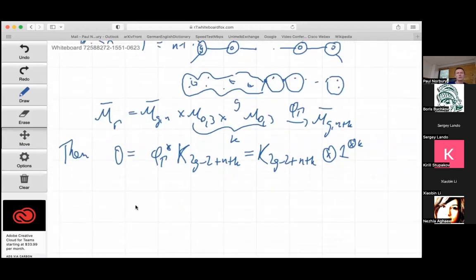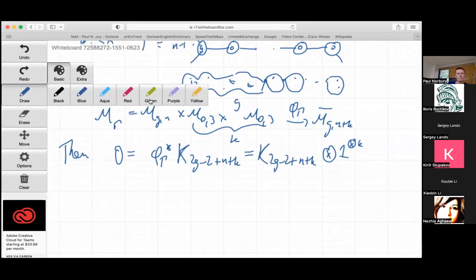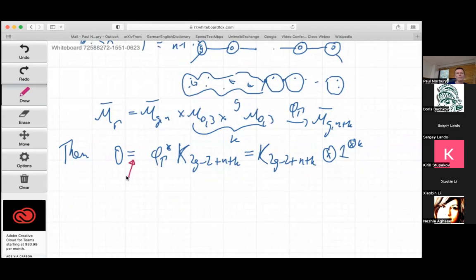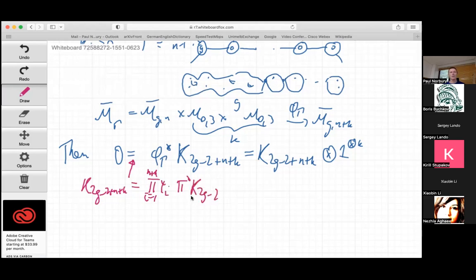The first uses the fact that K_{2g-n+k} is equal to the product from i equals 1 to n plus k of psi_i times pi star K_{2g-2}. So there's a psi_i which vanishes on the corresponding factor of M_0,3.